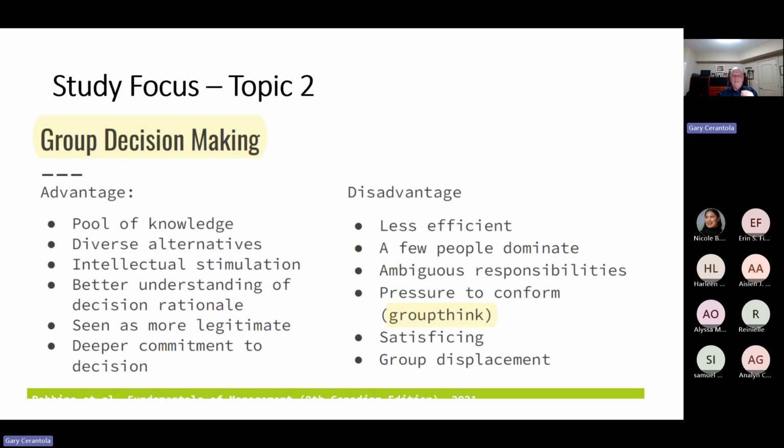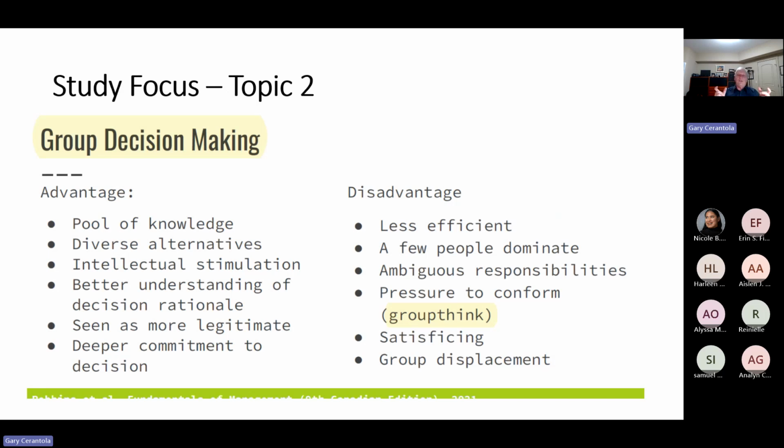And then another thing, and we're going to talk about this, and you can see that it's highlighted, right? Pressure to conform. You got to worry about groupthink. And if you have a group of people with a very strong leader, normally what happens is the group leader is so strong that everyone will kind of just placate the leader, saying, oh yeah, I agree.